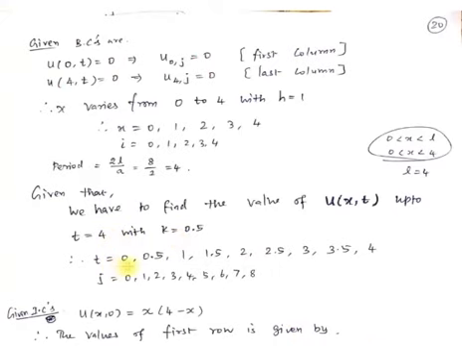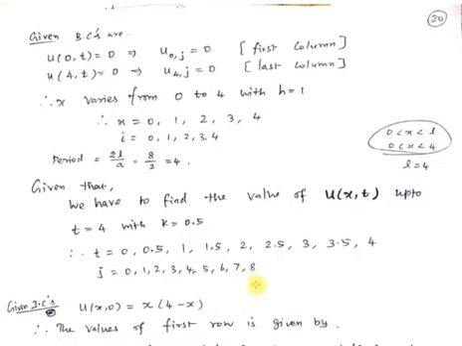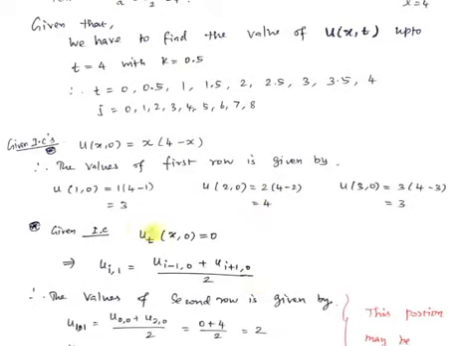So t is 0 to 4 with increment 0.5. So j equal to 0, 1, 2, etc. up to 8. Given initial conditions are u of x comma 0 equal to x into 4 minus x.